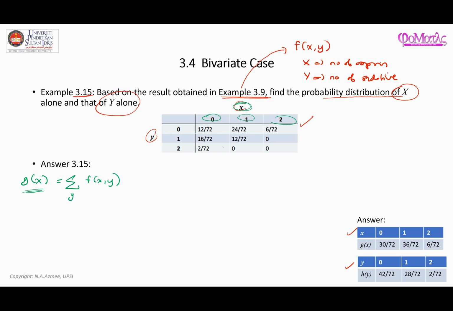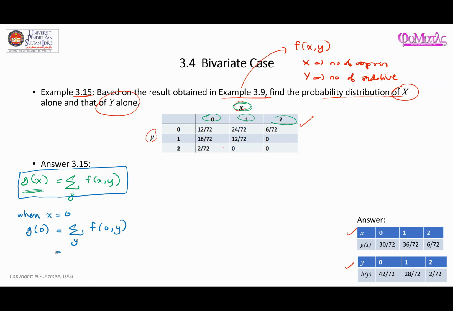So first of all, let's consider when x is equal to 0. So when x is equal to 0, we have g(0). I'm just substituting the value of 0 into this part. Here we have the value of y, which is maintained in this notation, and we have f(0,y).